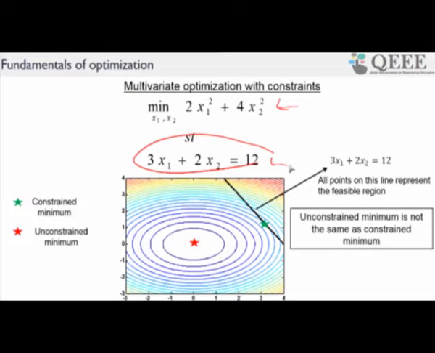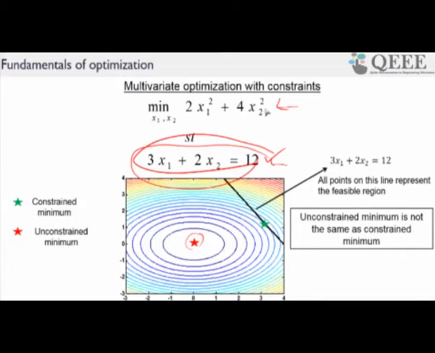Notice that this is an equality constraint. What that means is that whatever solution I get for the optimization problem has to be on this line. Clearly 0, 0 cannot be the solution because this point is not on this line. So there has to be a point on this line which satisfies this constraint while at the same time minimizing this.